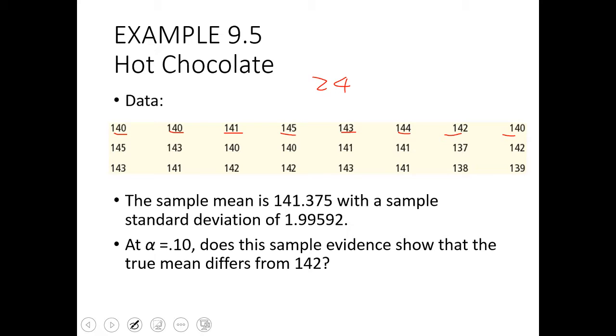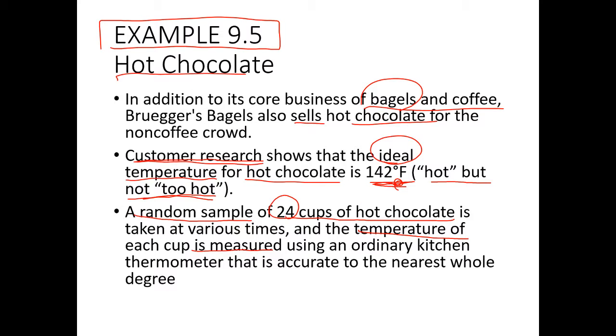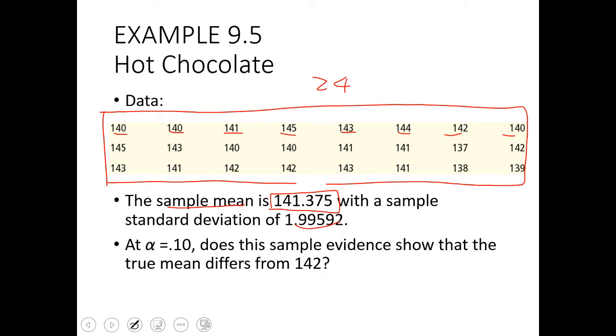The sample mean of these 24 data is 141.375, and the standard deviation of this sample is 1.99592, so almost 2.